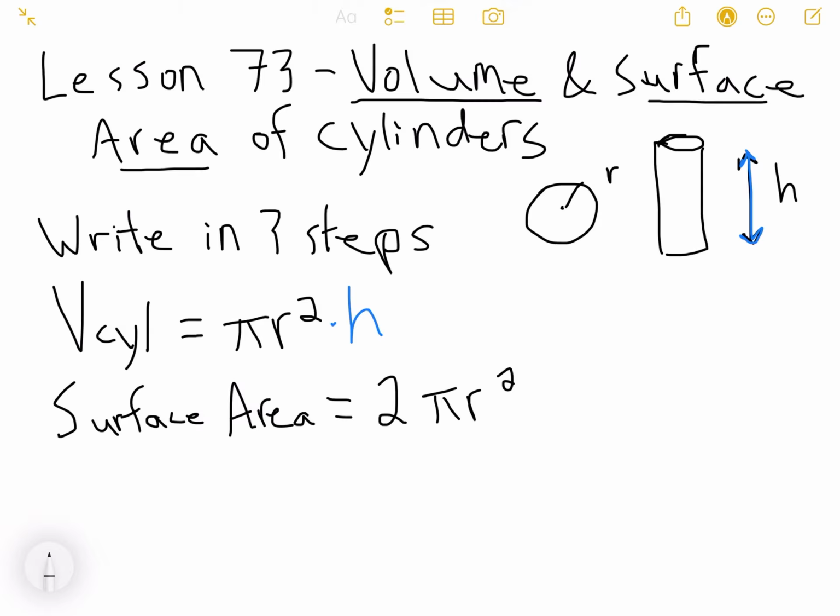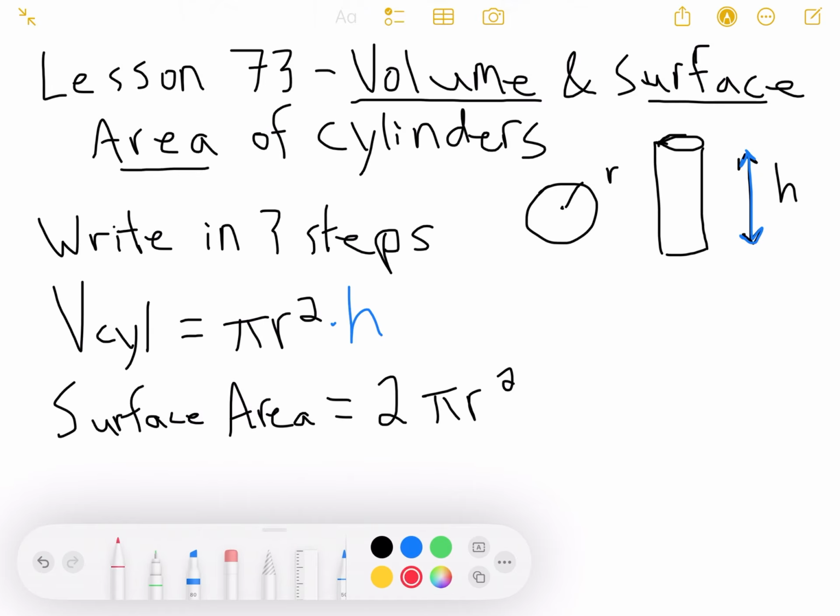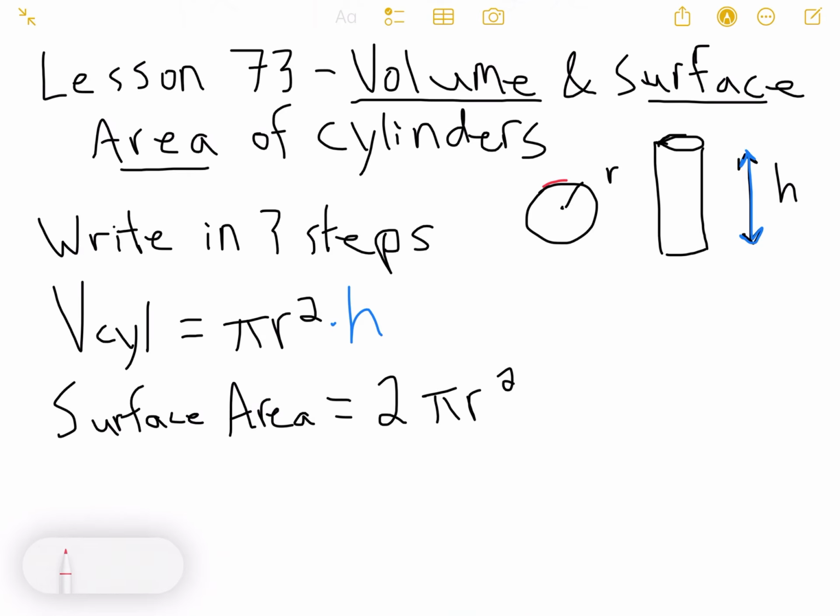And the side area, I can just show this here. I just have to figure out how to go all the way around my circle. If I want to go all the way around my circle, that's called circumference. Circumference is simply going around it. So it's 2 times pi times r times h.